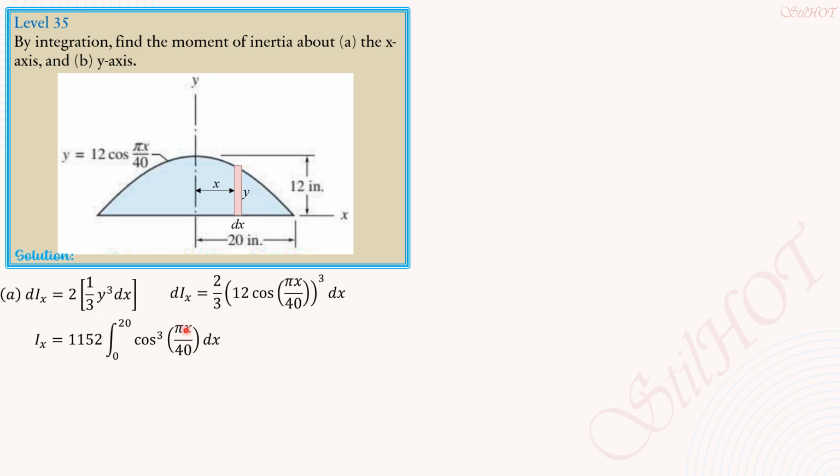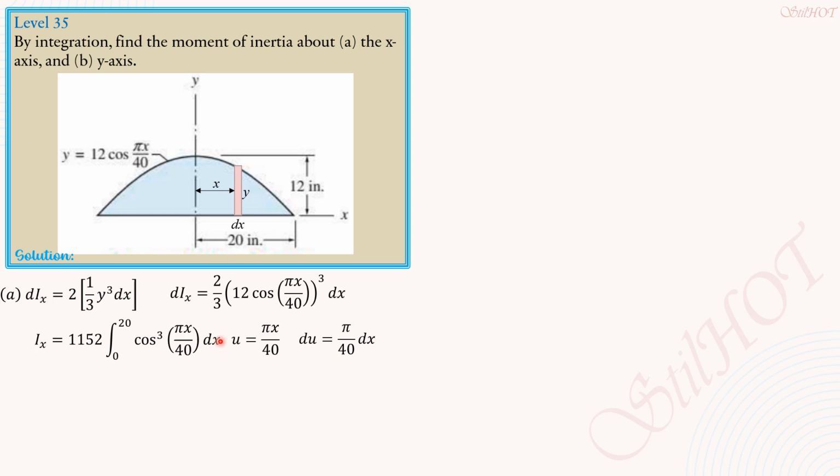So we will let u be pi x over 40, and the differential is pi dx over 40. So that this is in the form integral of cosine cube of u.